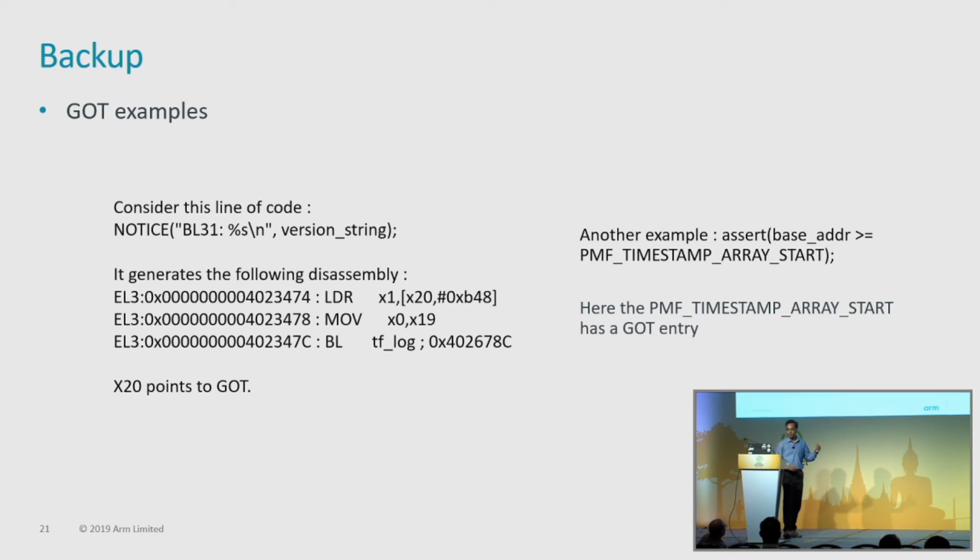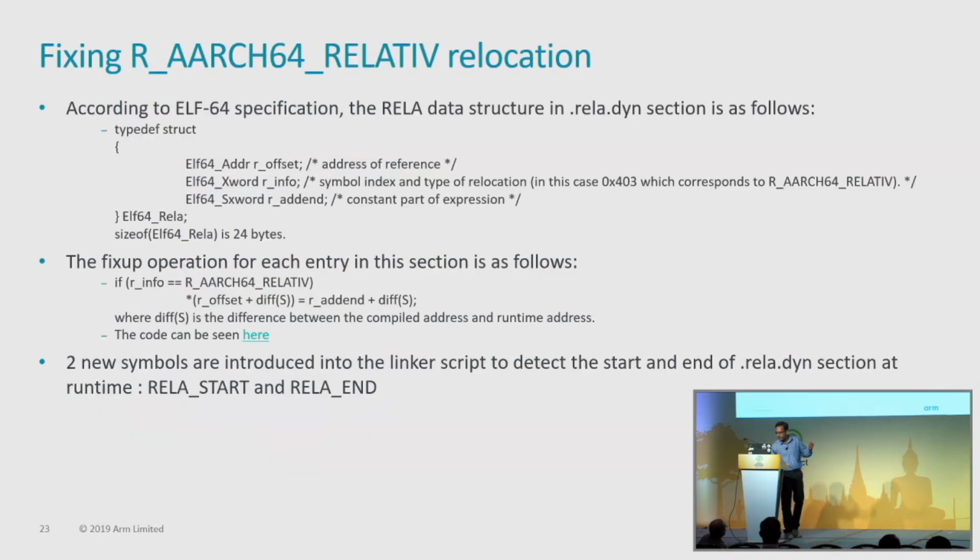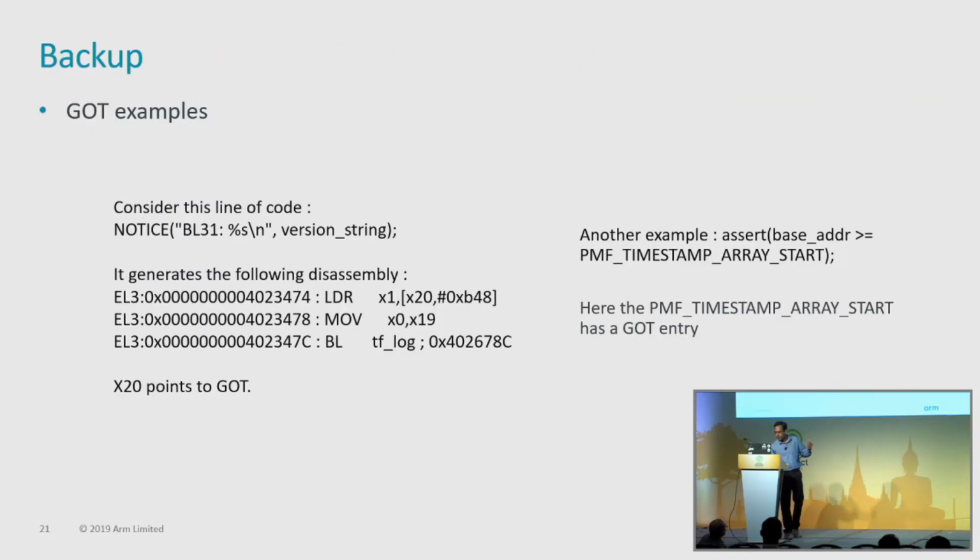So this is an example of a GOT entry fixup. For example, you have a print over there, BL31 version string. That's a string literal which is usually encoded using an absolute address. So when we do the fixup based on your run address, this is fixed up to point to the correct address before the code starts running.